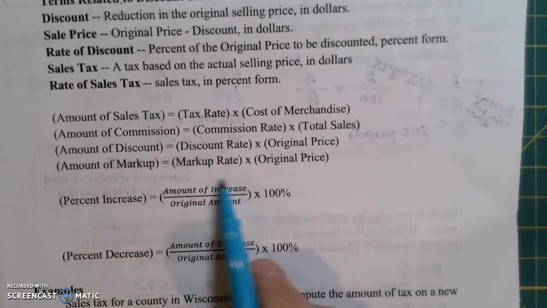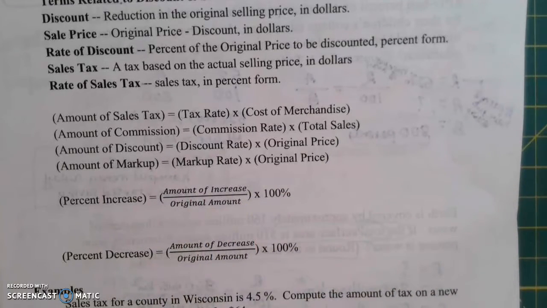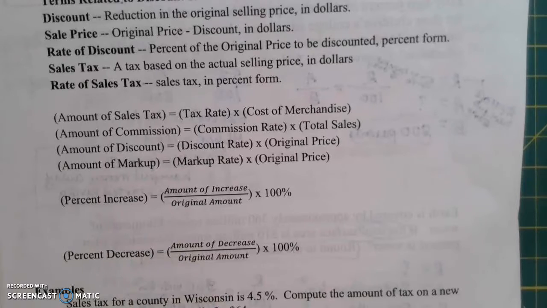You just need to figure out the amount of that difference, whether it's an increase or a decrease, divide it by where you started, your original amount, and multiply that by 100%, and that'll give you either percent increase or decrease. Whether it's increase or decrease, you should be able to tell by the problem. Your starting point is going to be smaller than your ending point if it's an increase, and vice versa if it's a decrease.